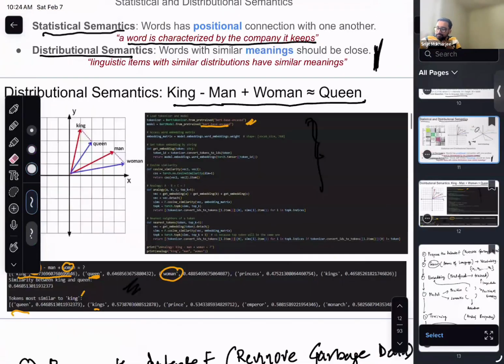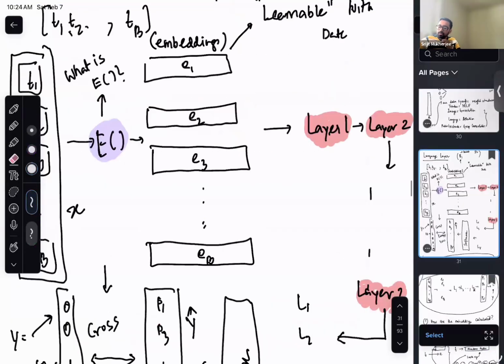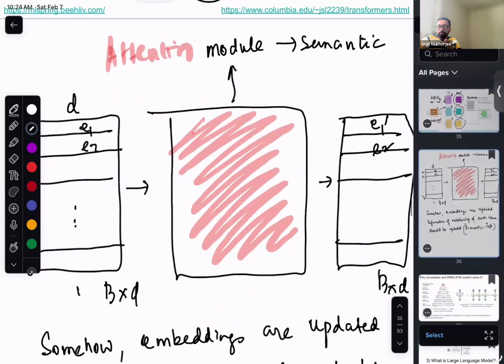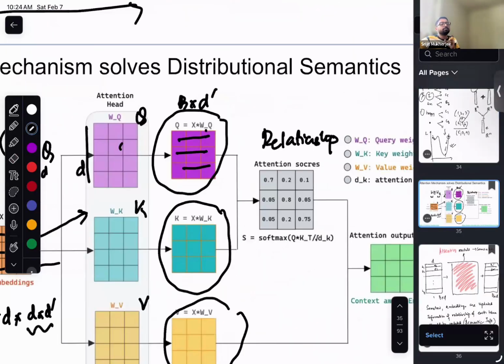So what is happening here is, each of these embeddings, we are now checking the pairwise relationship. What do we want? We want to capture how close those two vectors are together, right? So how do we measure if two vectors are close together? By dot product. We already discussed that.